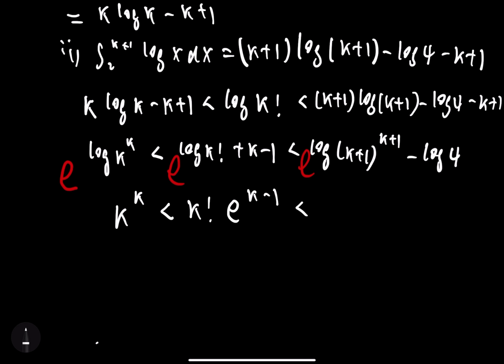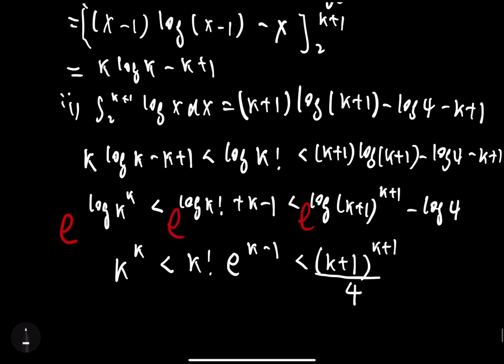And then it's less than, same, k plus 1 to the power of k plus 1. And because the log minus means divide, it becomes over 4. I think that proves the question.